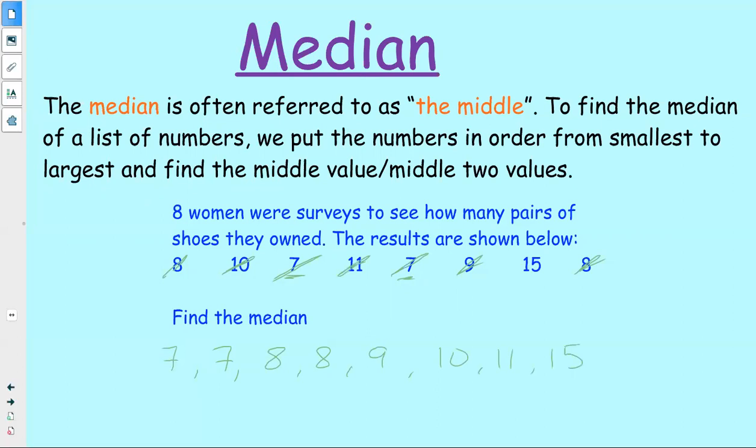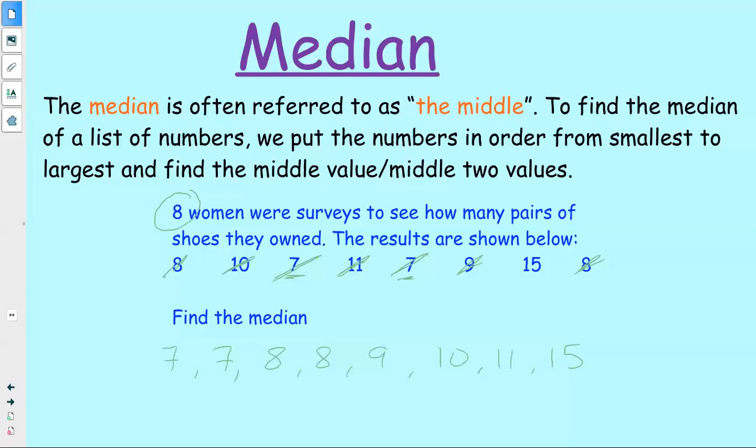Now what I like to do after I have put them all in order is just to double check. Again, it tells you there's 8 women in this survey. If it doesn't tell you that, please get into the habit of counting the data set. So there should be eight values in your new data set.